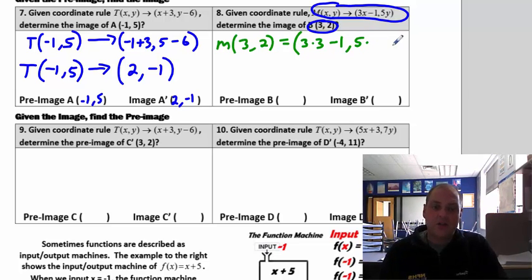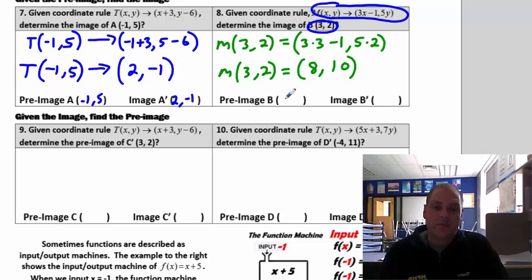Y is 2, they're giving us. So the point (3, 2) as the preimage will give us an image of whatever this comes out to be. 3 times 3 is 9 minus 1 is 8. And then 5 times 2 is 10. So the preimage (3, 2) maps to the image (8, 10) under this transformation, under this function.